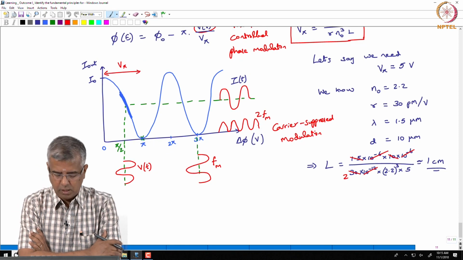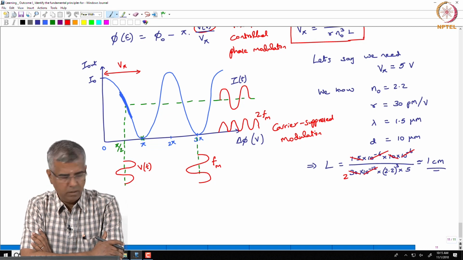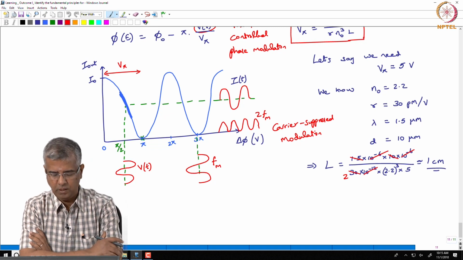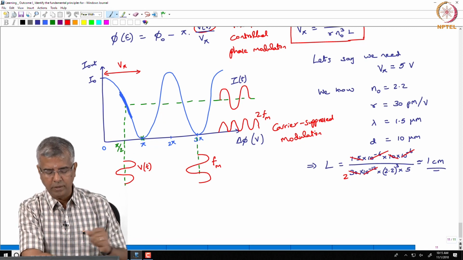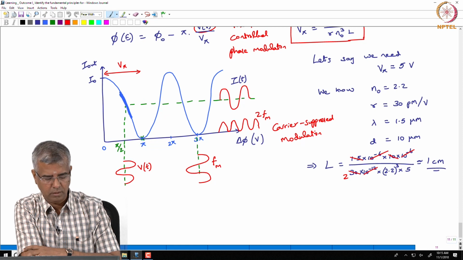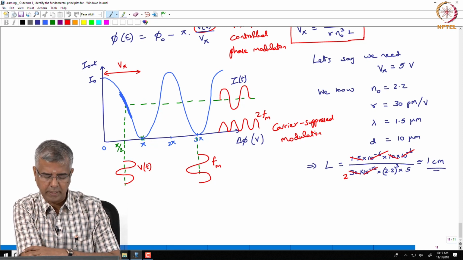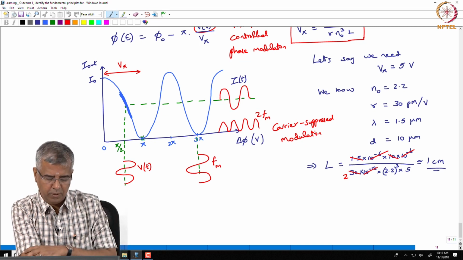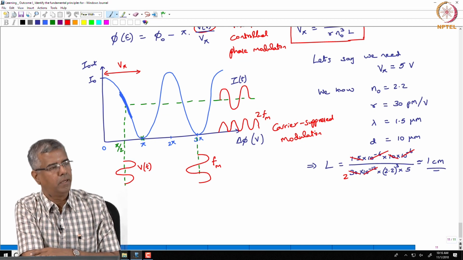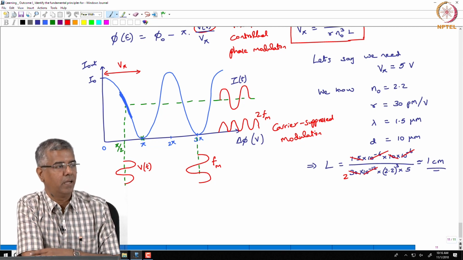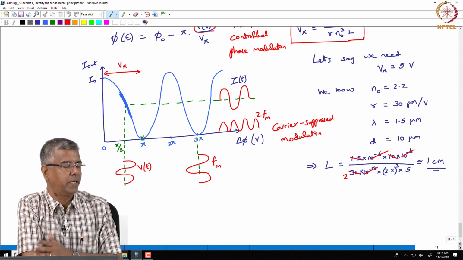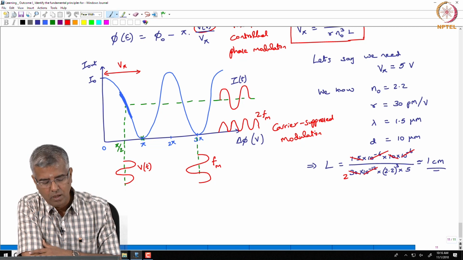So, the question is, does the frequency remain the same whenever you are modulating this electro-optic modulator using a particular voltage? Yes, if it is linear, then you do not have any distortion. So the exact replica of your modulating voltage would show up in the output. In that case the frequency is exactly the same.